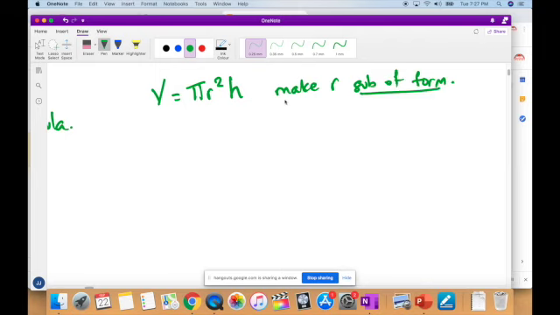These are tough ones. Let me see how good they are. What's the first thing we should do? Rewrite it. So we'll flip the equation so R will be on this side, right? So pi R squared H is equal to V. What next?